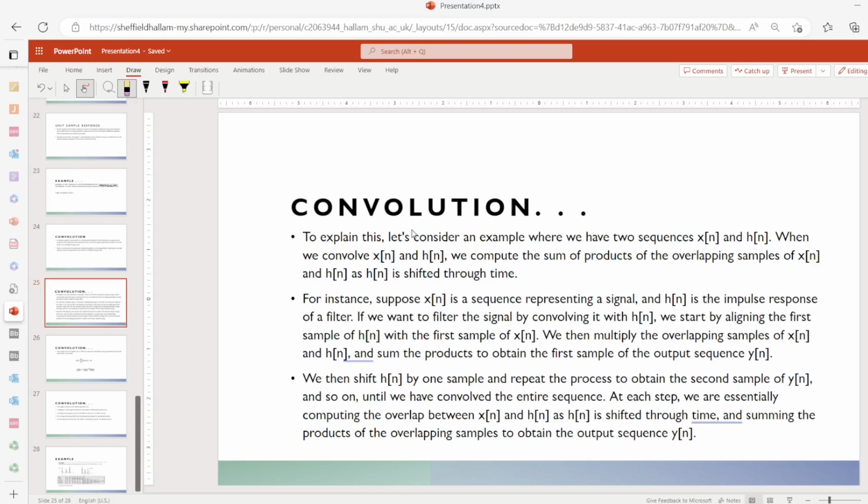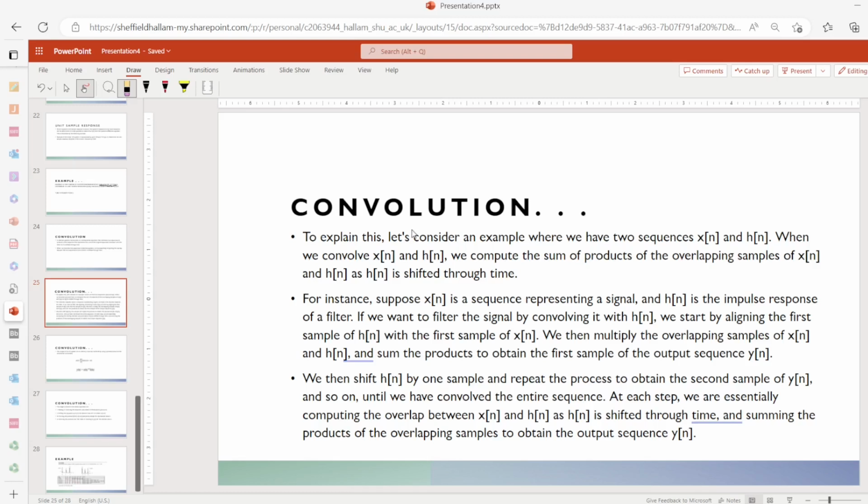If we want to filter the signal by convolving it with hn, we start by aligning the first sample of hn with the first sample of xn. We then multiply the overlapping samples of xn and hn and sum the products to obtain the first sample of the output sequence yn.